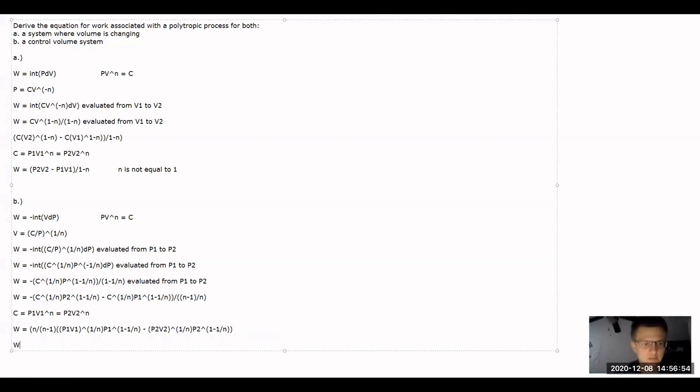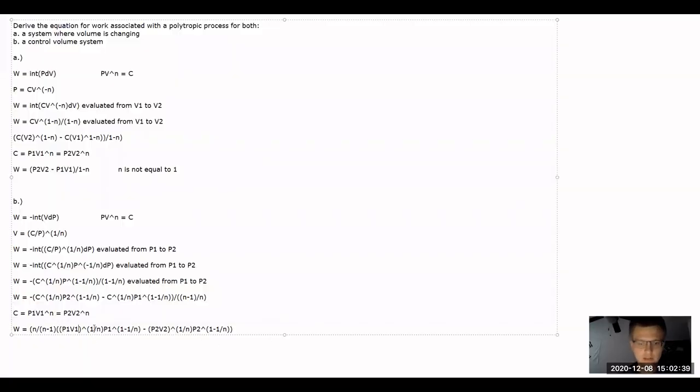This simplifies down quite nicely, thank goodness, it's kind of a mess. N over n minus 1 times P1 V1 minus P2 V2. And that is our expression for the work in a control volume system.